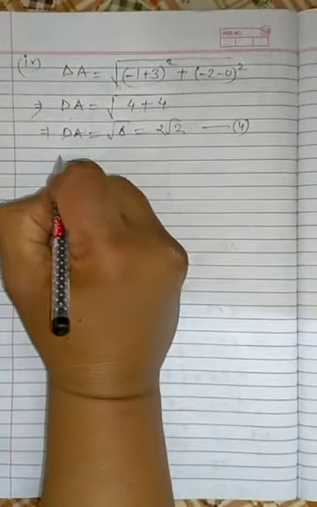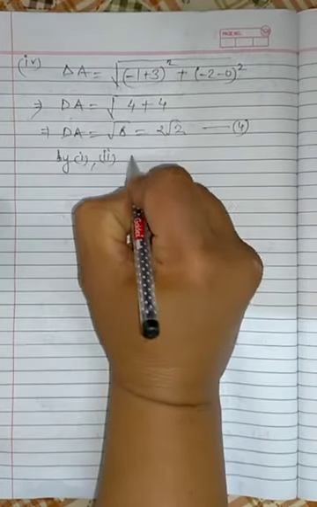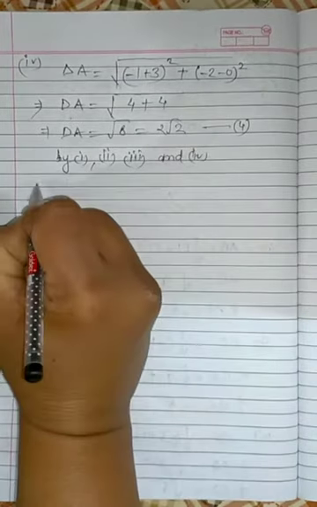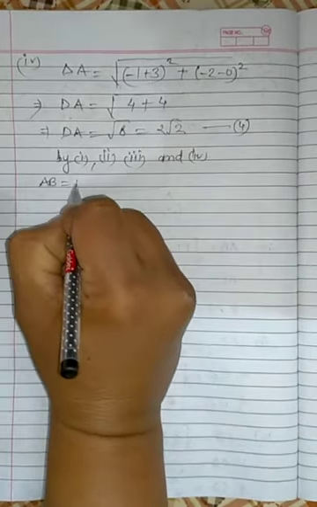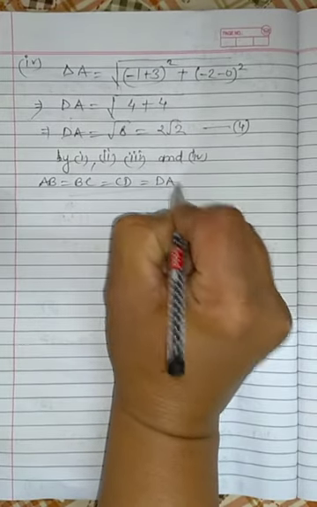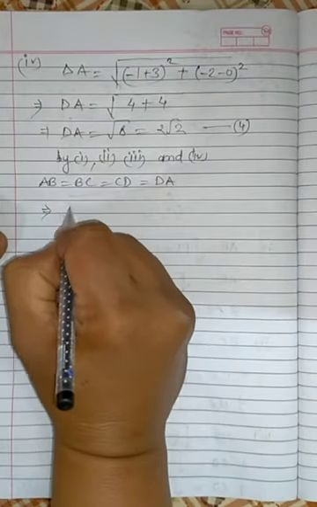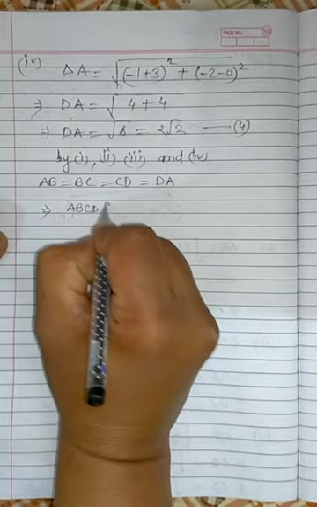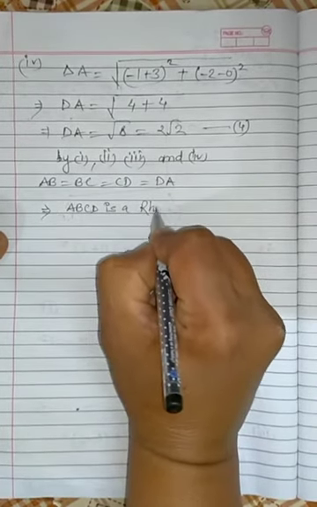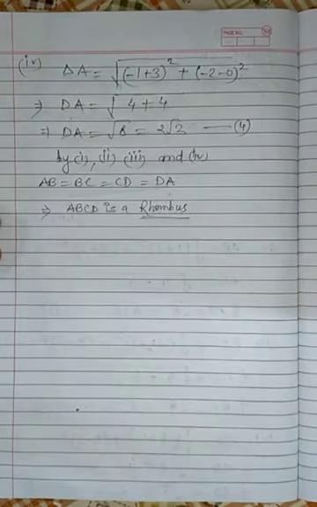So we observe that by the first, second, third and fourth values, AB is equal to BC is equal to CD is equal to DA. That means ABCD is, you can say, a rhombus. Till now it's a rhombus.